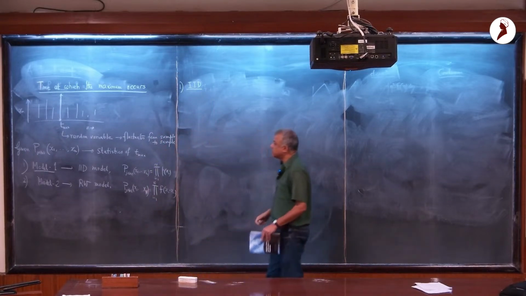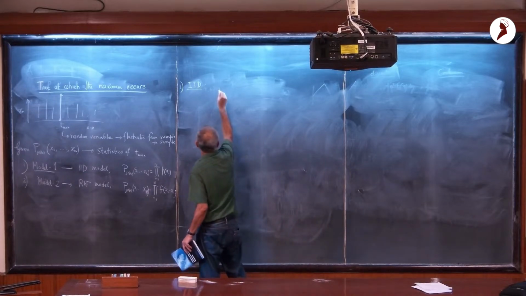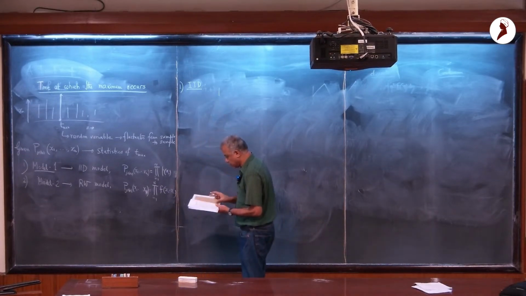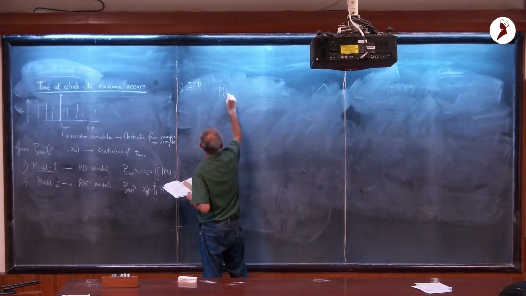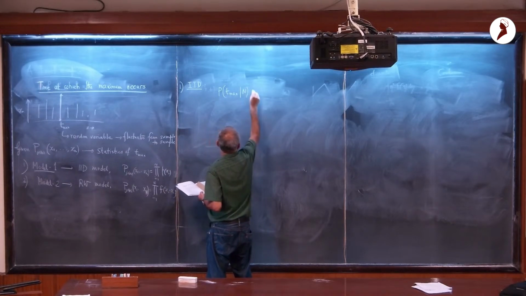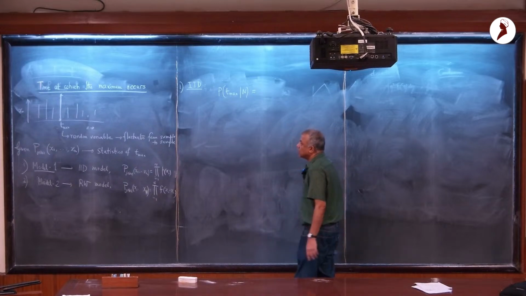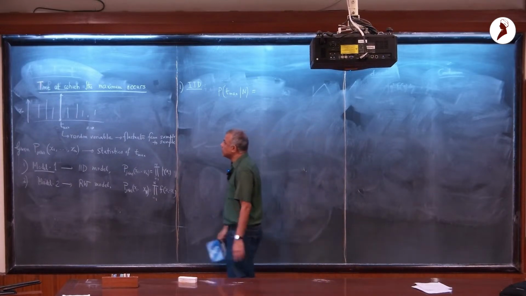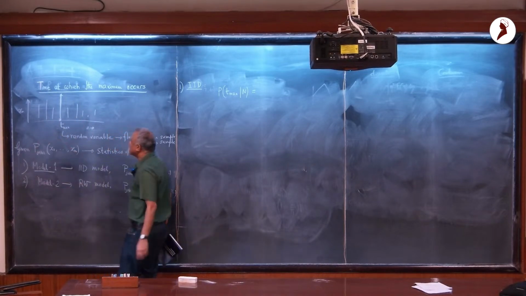So the IID case is actually trivial. I'm asking what is the probability of T max given n. In the IID model, any of the variables can be the maximum.